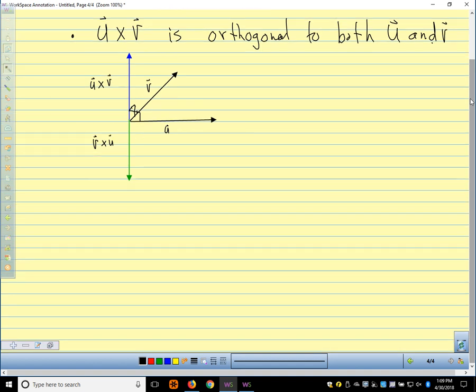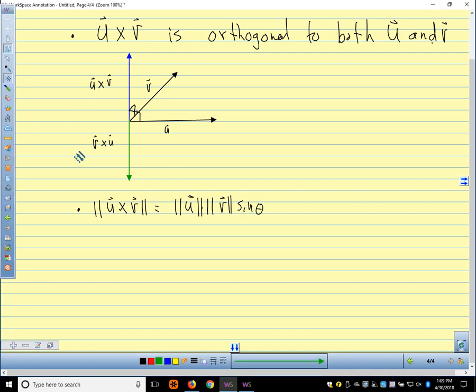So this is one important geometrical idea with the cross product. The second one: the magnitude of U cross V is the magnitude of U times the magnitude of V times the sine of the angle between them. So remember we had something like that for the dot product.